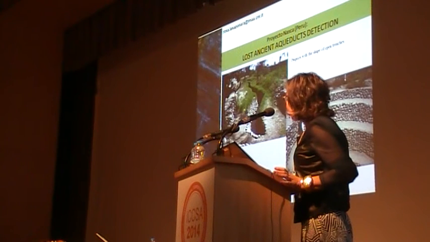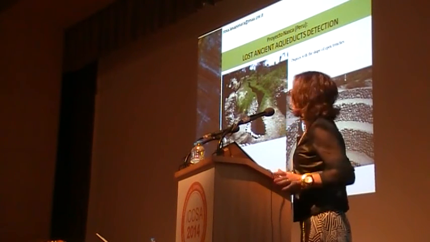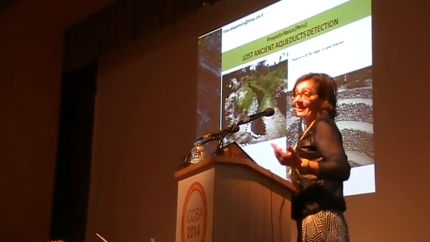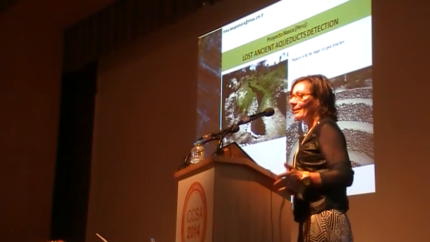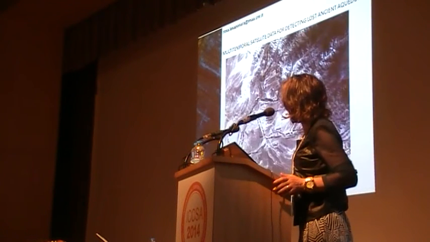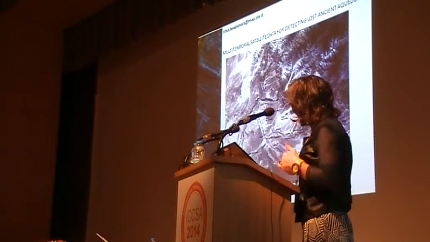And as you can imagine, if we are able to identify these lost puquios, we can also detect unknown sites, because when you have water retrieval, of course, you can have the presence of human settlements. And again, the advantage of satellite is that you can monitor a very huge area.